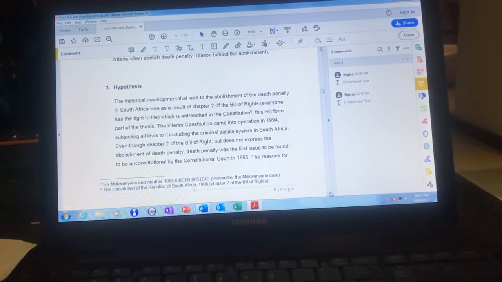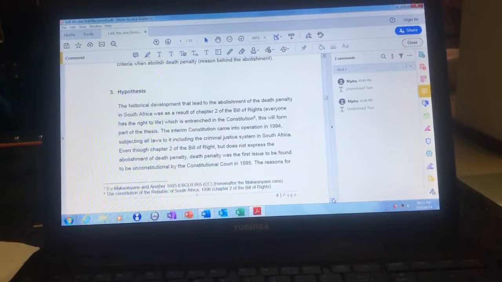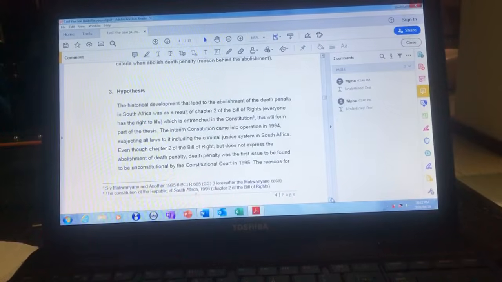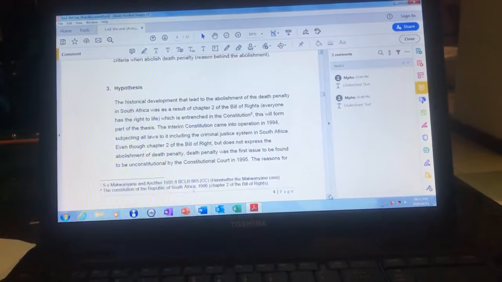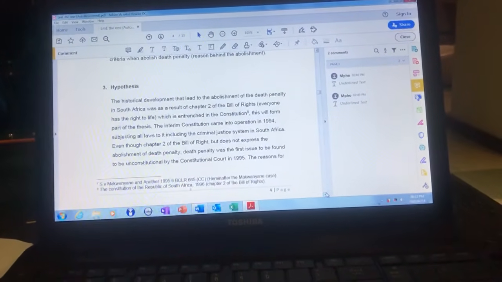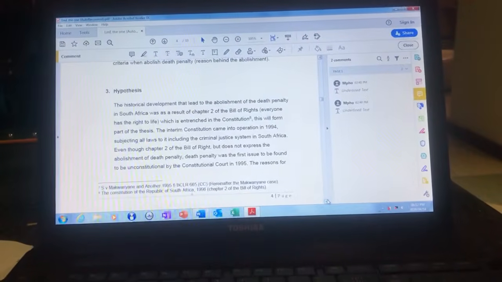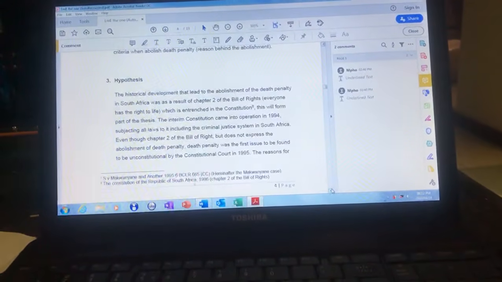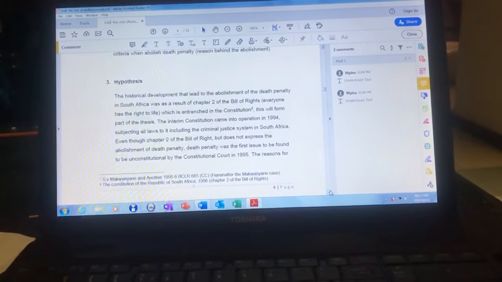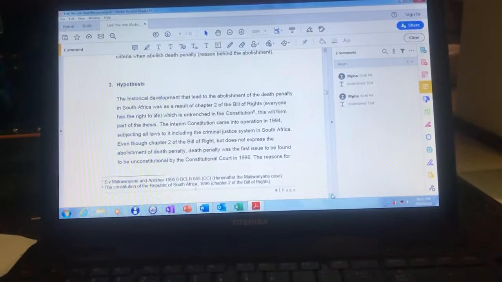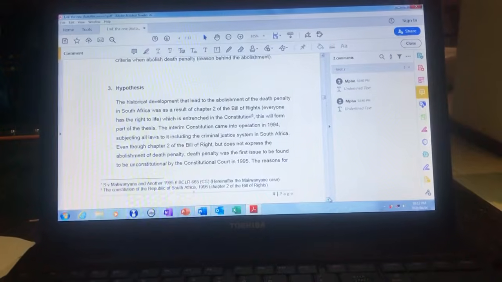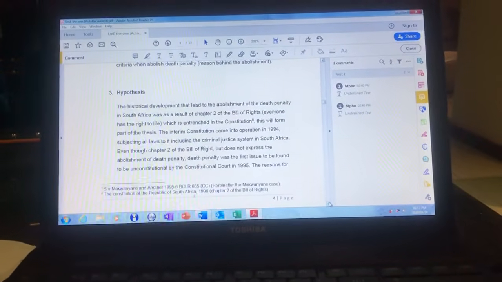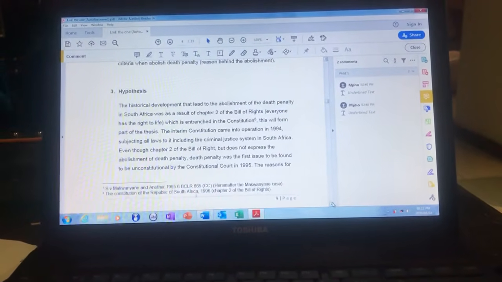So I hope you understand what I'm saying here. You just basically have to guess. You can never be wrong with your hypothesis, especially if it's scientific. What we mean by scientific is that it has to be logical and at the standard of a university student. So there has to be a difference between when a high school kid writes a hypothesis and a university standard hypothesis.